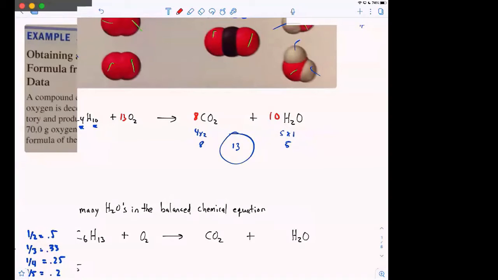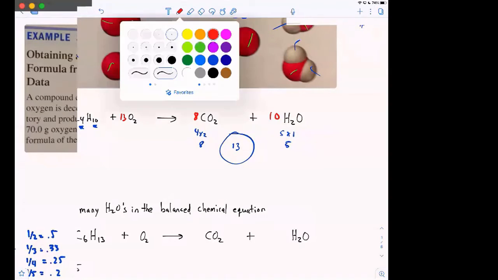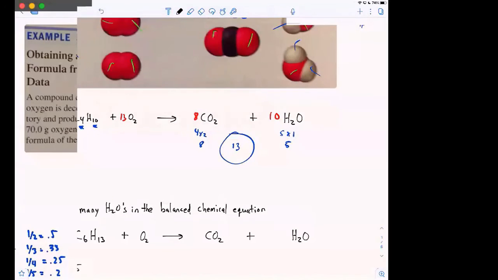So let me check with the carbons. Here on the left, maybe I'll stick with the color scheme. Carbon's black. 2 times 4 is 8, and 8 times 1 is 8. So the carbons are balanced.